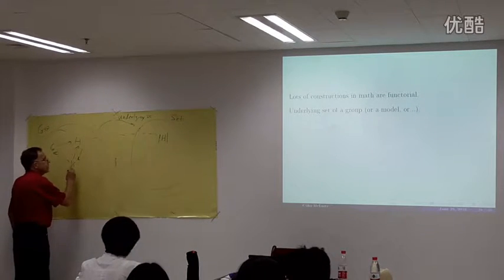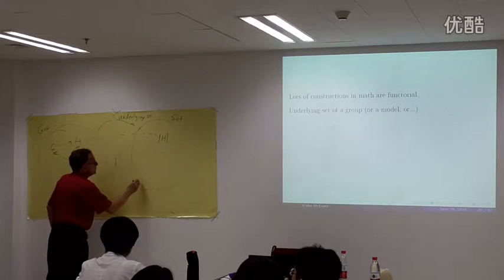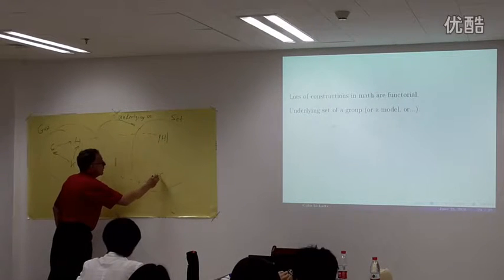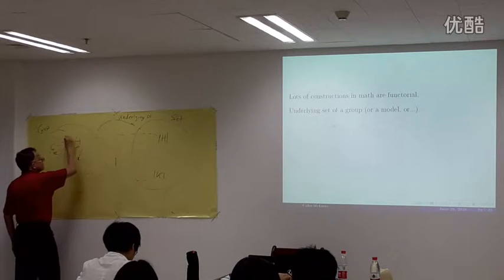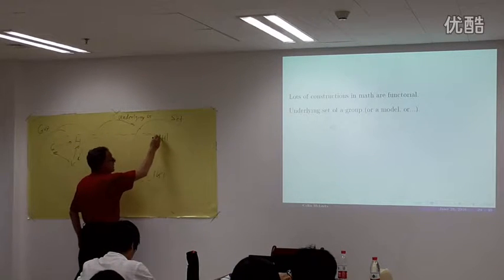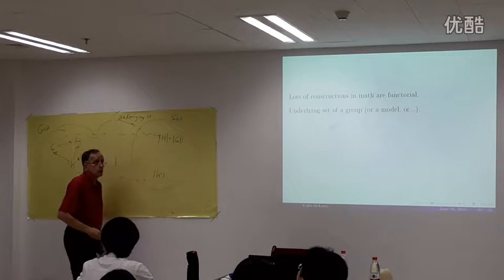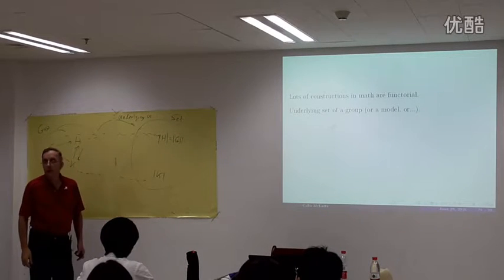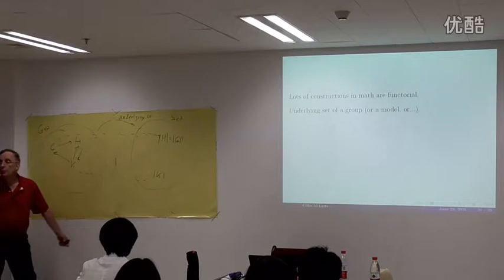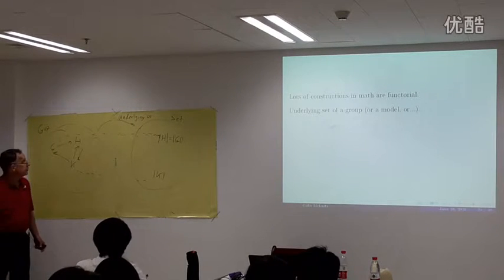It takes K to the set of elements of K. It takes G to the set of elements of G, which, by the way, might have the same set of elements. There's no reason they couldn't have the same set of elements. They're different groups, so they've got different multiplication tables.